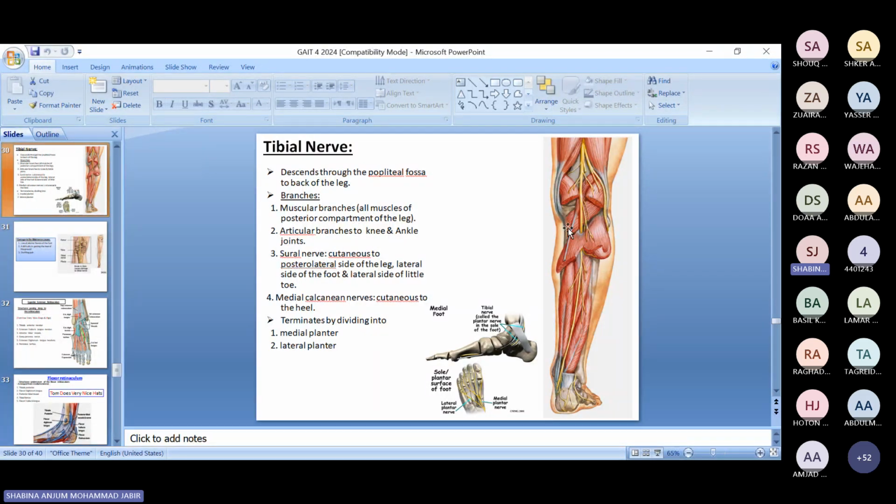One of its cutaneous branches is known as the sural nerve, which gives the cutaneous supply to the posterior or posterolateral side of the leg and foot, and also the lateral side of the little toe. Then we have the medial calcaneal nerve, which supplies the heel. Finally, this nerve will divide into medial and lateral plantar nerves.